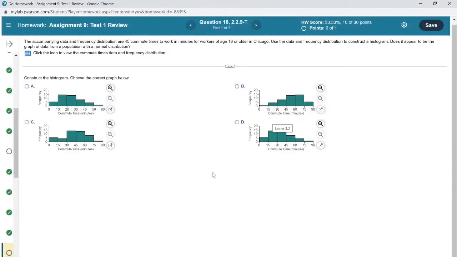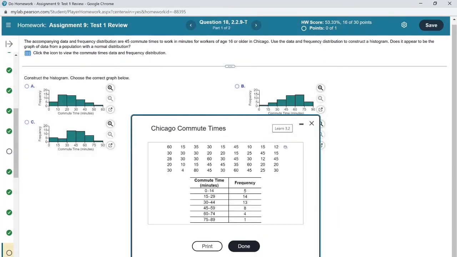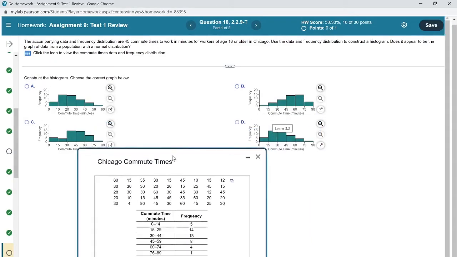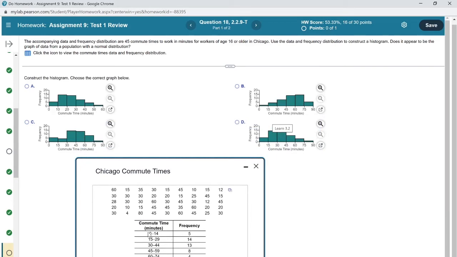Now, the data we have been given here is a frequency table. We just have to find the right histogram for this frequency table. So first of all we need to choose the frequency table with the width 0 to 15, 15 to 30. For the first one, A, the class interval you can see is 0 to 10, so this is not right.